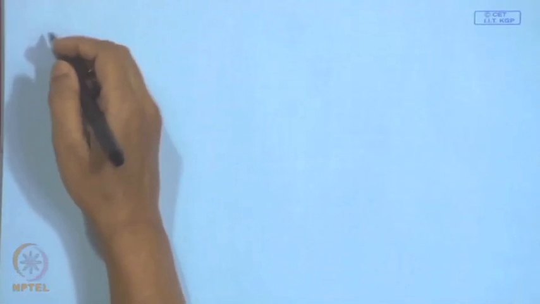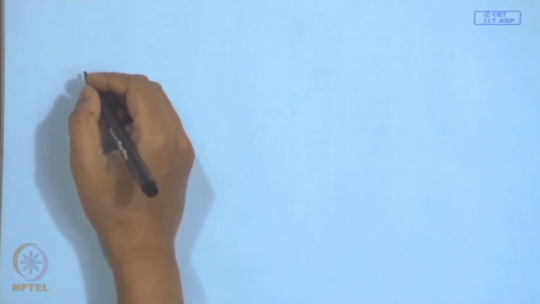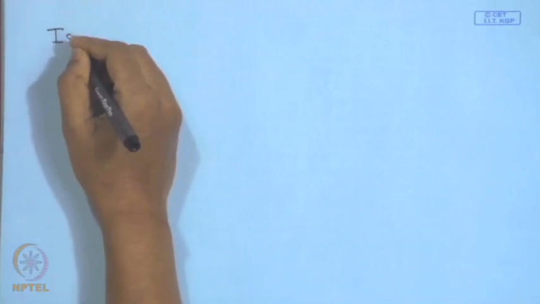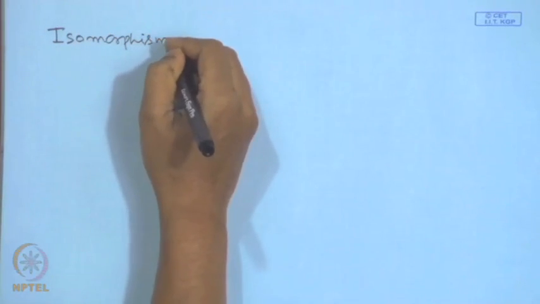So, linear transformations are very useful, and here we have one specific type of linear transformation, that is called an isomorphism.